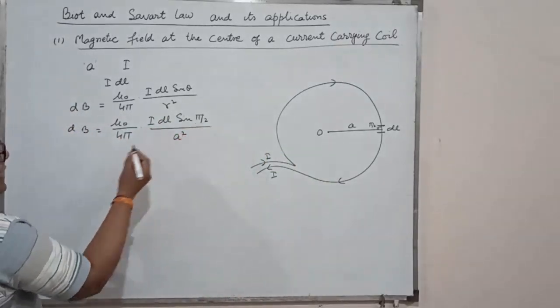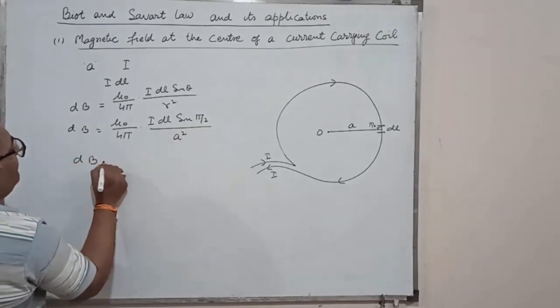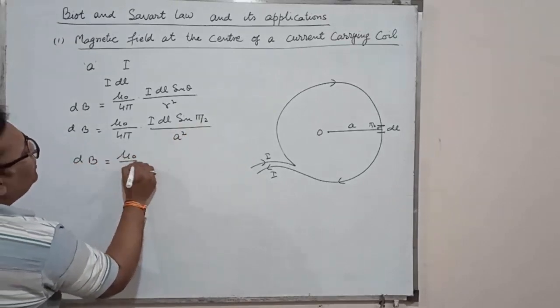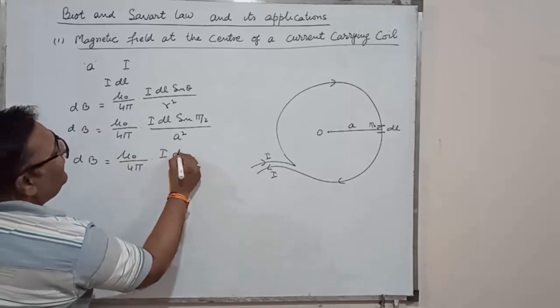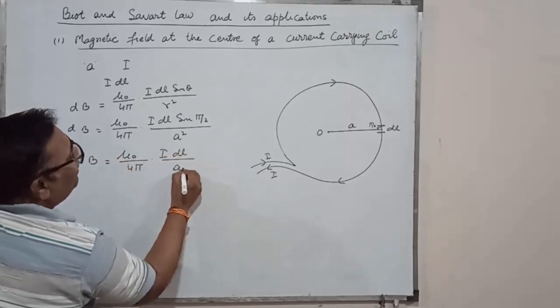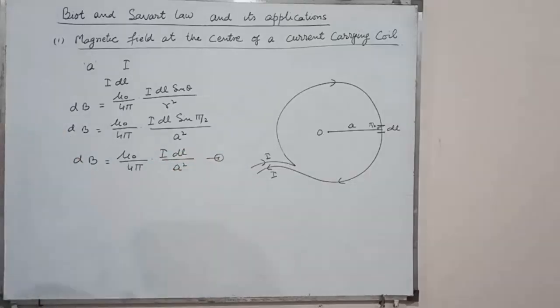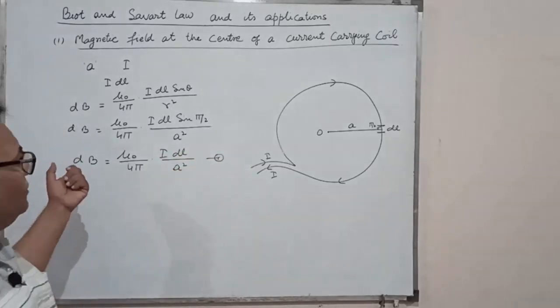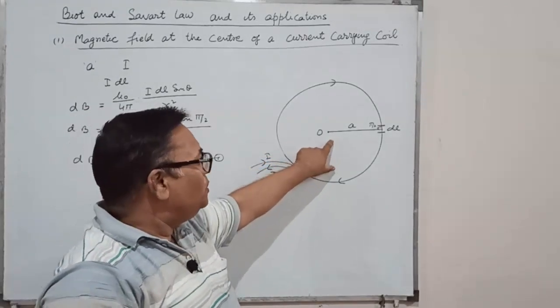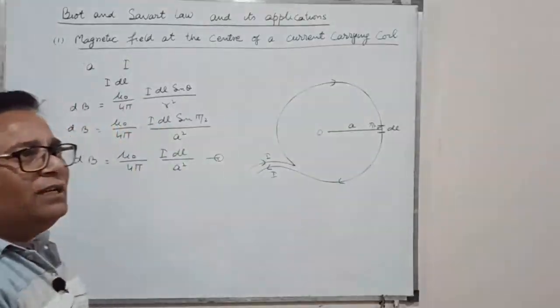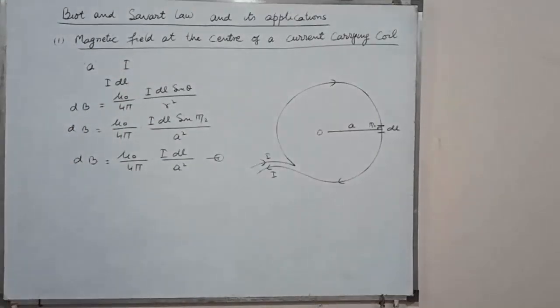Sin 90 is 1. dB is equal to mu 0 upon 4 pi, I dl upon a square. This is equation 1, the magnetic field at this center due to the current element Idl.